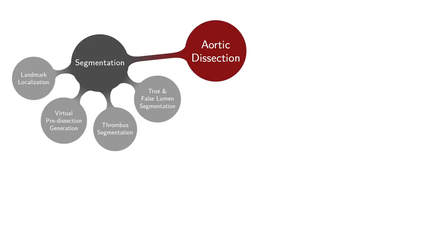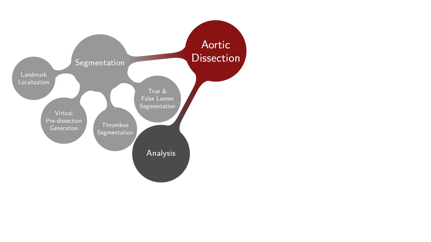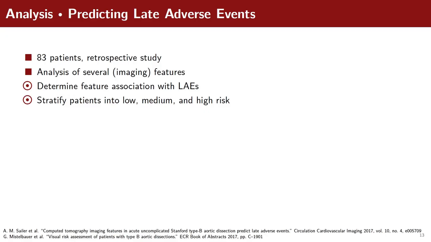Once we segmented the true lumen, false lumen thrombosis and located the aortic annulus, we started to analyze the extracted wealth of data. We initially developed a risk prediction model by analyzing several imaging features and determining the association with late adverse events to stratify patients into low, medium, and high risk.